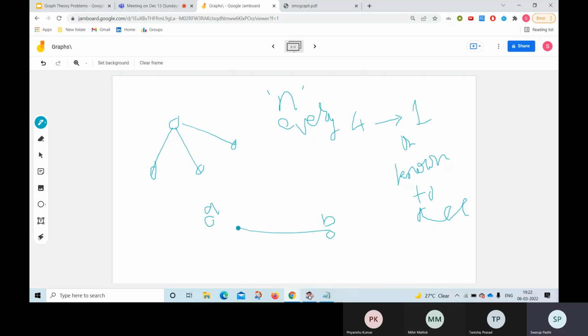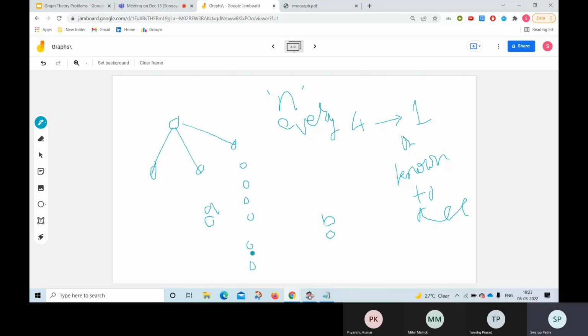It's given that every set of four vertices has one that knows all the other three. Suppose I have some vertices which are in the neighborhood.